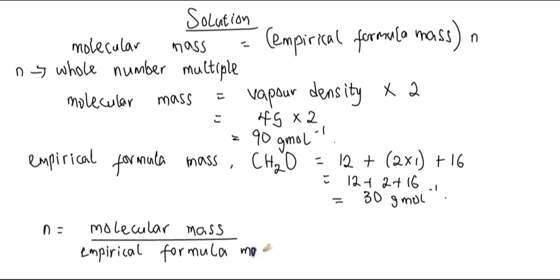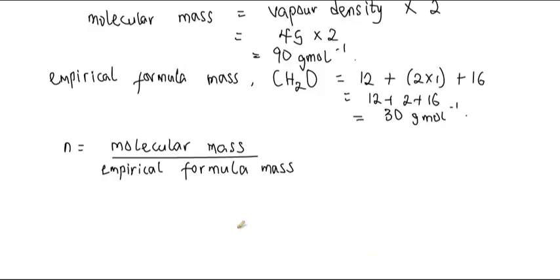Which equals, the molecular mass is 90 grams per mole, and the empirical formula mass we got is 30 grams per mole, and dividing this we have n to be 3. So we've gotten n, the whole number multiple, to be 3. That is, for the molecular formula now, we have thrice the empirical formula in it.